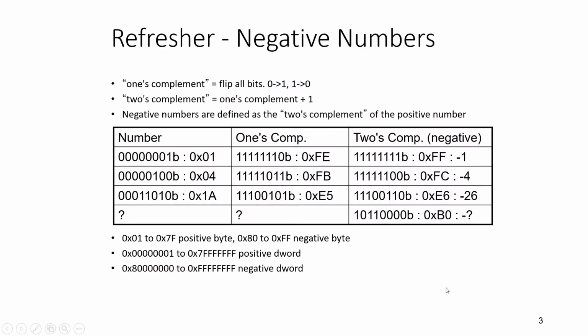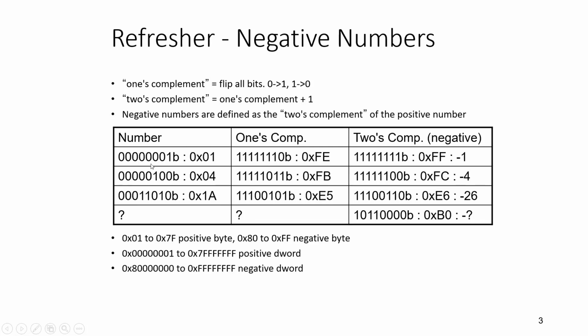So now, negative numbers for buffer overflows are not that important, but let's just cover that topic. One's complement of a binary number is flipping all the bits, so changing zeros to ones and ones to zeros. In the same way, two's complement is obtained by adding 1 to the one's complement.